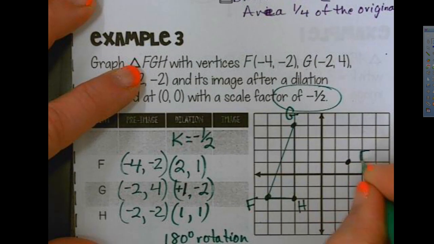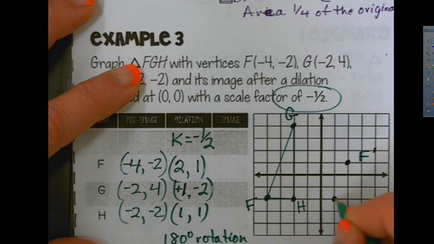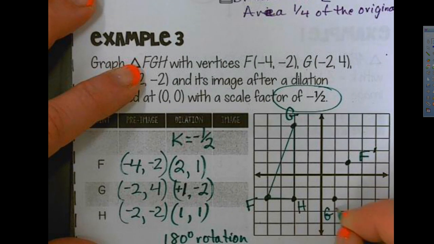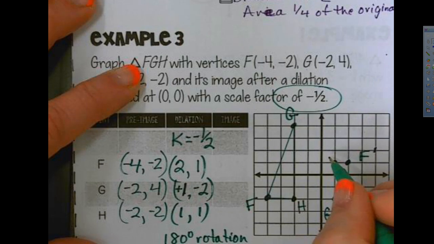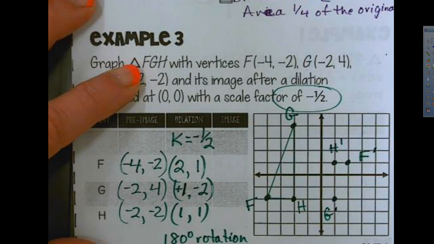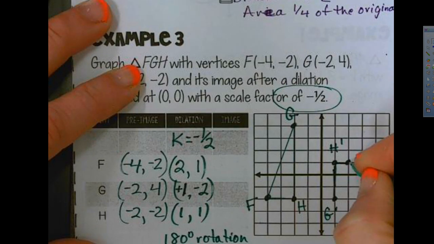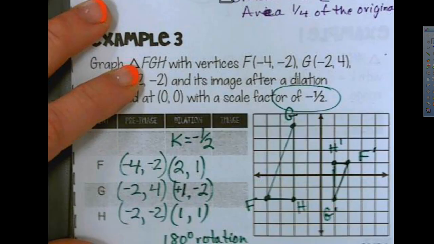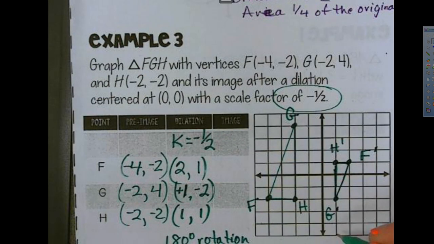Now that's going to be F prime. 1, -2. And that is G prime. And 1, 1. And that is H prime. Oh yeah, okay, so it ended up rotating. And we ended up shrinking it to a 1/4 of the size.